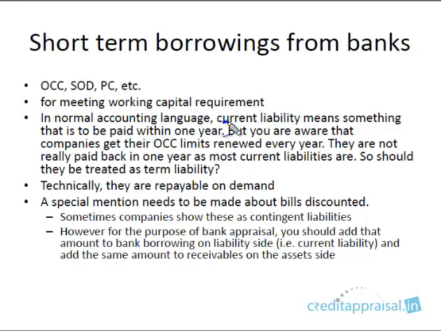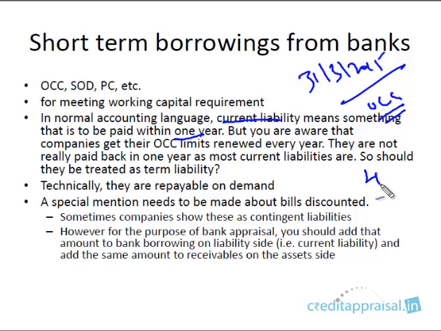We have discussed what current liabilities are. A current liability is something that is due for payment within the next 1 year. But in practice, as a banker you are aware that working capital limits are due for renewal every 1 year and they get renewed. You're not asking the party to repay the working capital outstanding. Say for example, today is 31st March 2015, and the outstanding OCC is 410 lakhs.